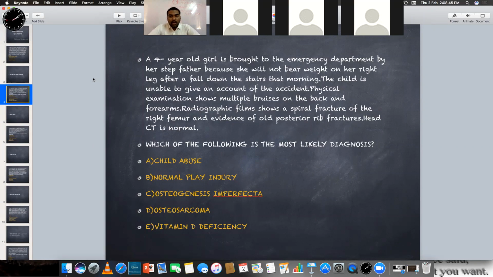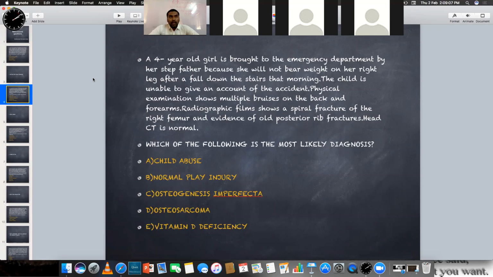Okay, so osteogenesis imperfecta and osteosarcoma. There are two things that rule out osteosarcoma here. One is her age. Osteosarcoma is mostly in the second decade. The other is that her account of bruises and all that history doesn't suggest osteosarcoma. So could it be vitamin D deficiency?